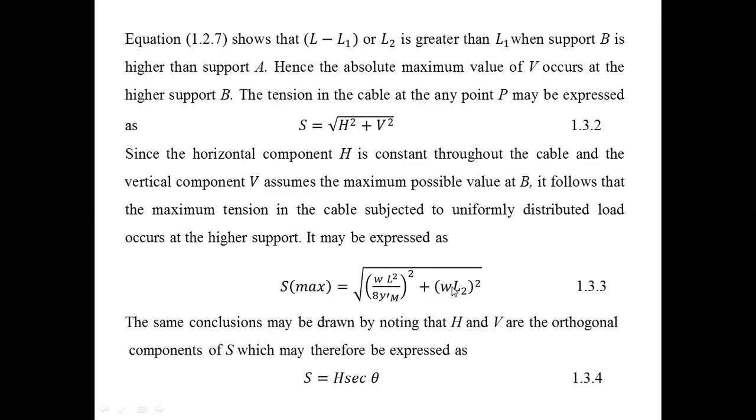W into L2. In the place of X, you put L2. So this is the maximum vertical reaction. There you get the maximum stress on the cable. Right? So the maximum stress in the cable will give this expression. You can write it.